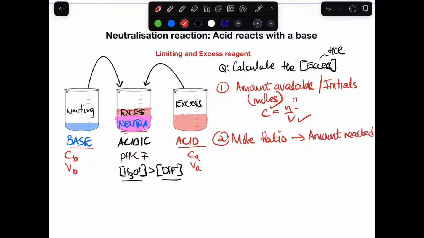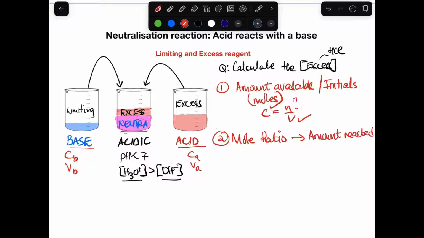So step number 4, from that, now you have an excess. This is the final thing that you have to do. Remember the question, it wants the concentration of an excess. Guys, those bold brackets there, they mean concentration.